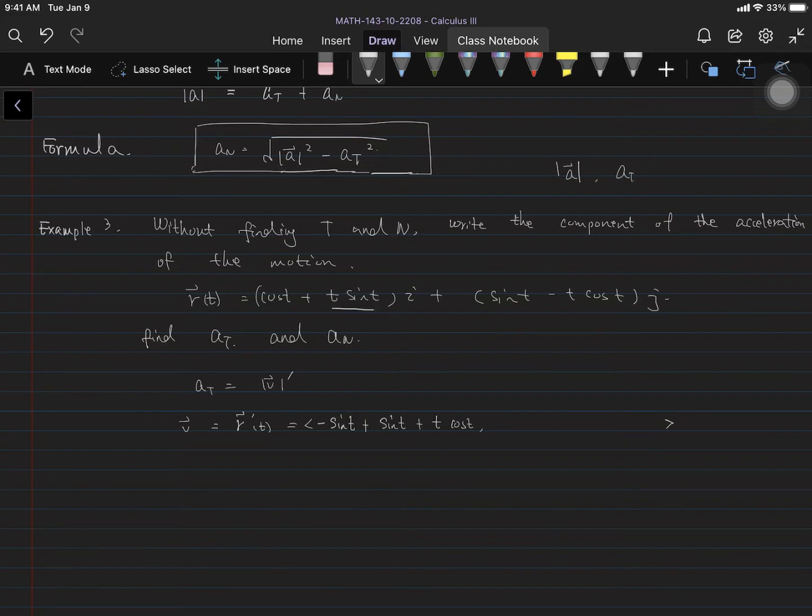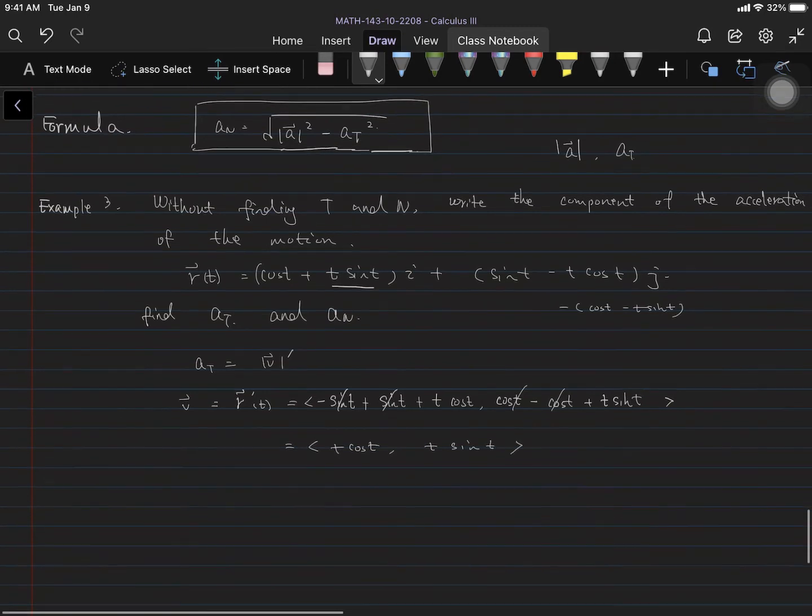And then for this one, sine t minus t cosine t, the derivative is cosine t minus cosine t plus t sine t, because when we open the parentheses it's plus t sine t. And then they cancel, so it's just the derivative. This is pretty easy, just be careful. So we get t cosine t and t sine t.